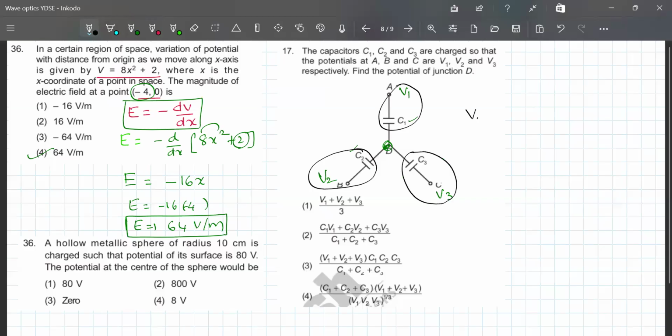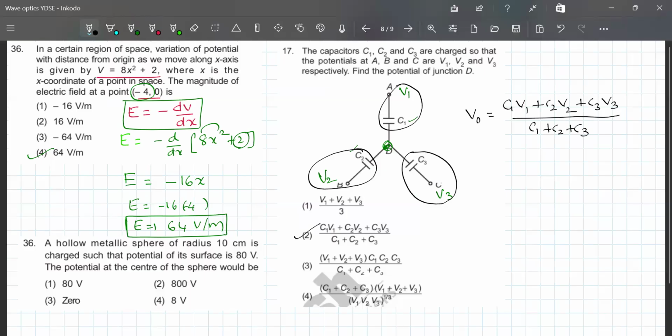So then V0 is equal to, if you multiply these two, C1 V1. If you multiply these two, C2 V2. If you multiply these two, C3 V3, divided by the sum of all the capacitors, that is C1 plus C2 plus C3. So what is the answer here? Option 2 is the correct answer here.